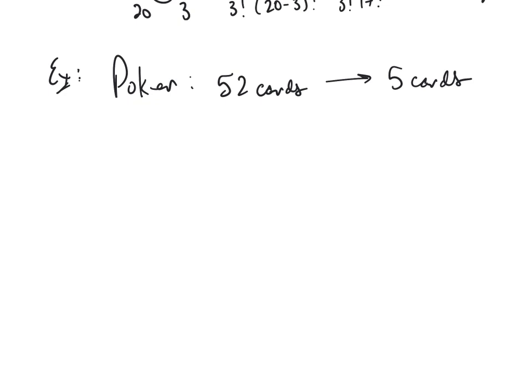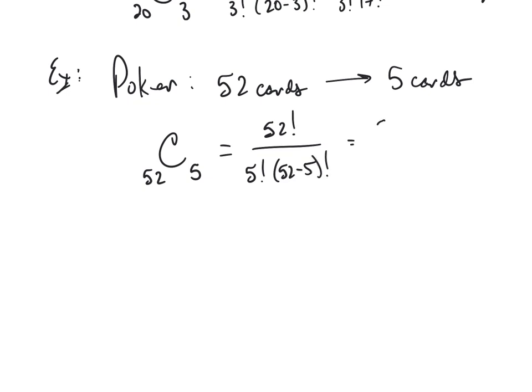So if order doesn't matter, that becomes a combination. So how many combinations of 52 cards can you be dealt 5 at a time? The number of 5-card poker hands you could be dealt would be 52 factorial divided by 5 factorial times 52 minus 5 factorial.